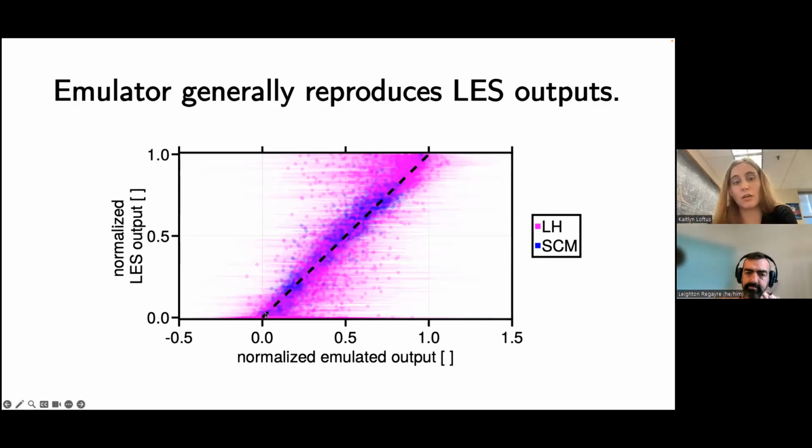We can see that the points generally follow this line, and I've shaded these differently based on whether the points are coming from our Latin hypercube sampling or our single column model sampling that we use to generate the PPE, because that affects how successful or accurate the emulation is.